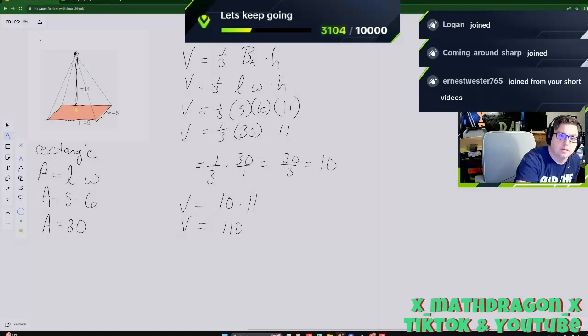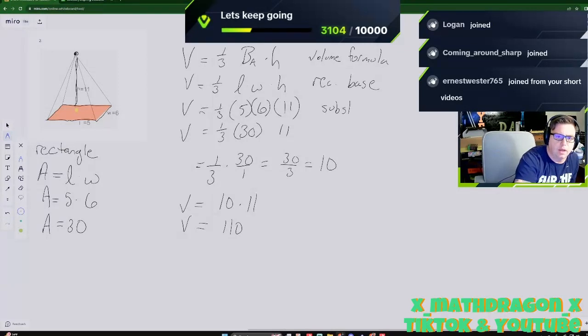Okay, so volume formula, and then we have a rectangle base. We substitute our values in. We can combine like terms if you want, multiply, however you want. I'm just going to put combine like terms.